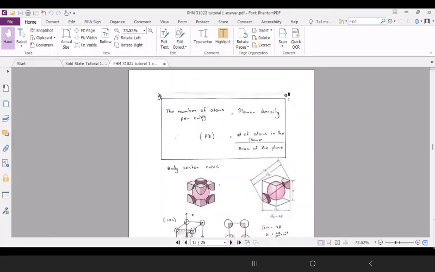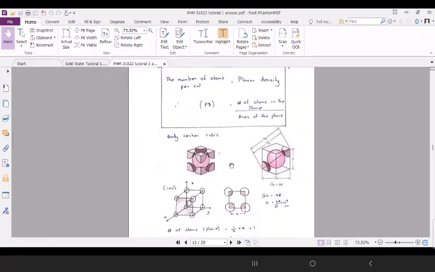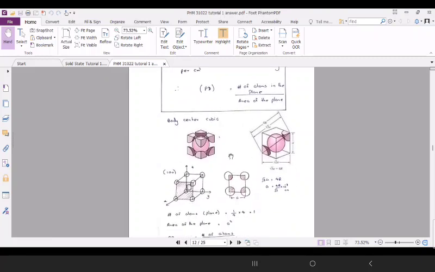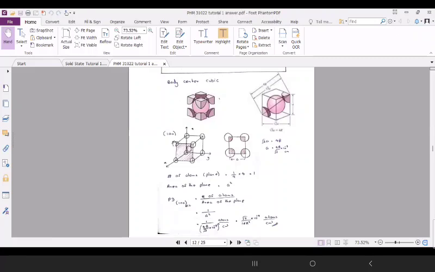Number of atoms per centimeter squared is the planar density. So PD is equal to the number of atoms in the particular plane divided by the area of the plane. In this question, for the first part, we have to do this PD calculation for the body-centered cubic for certain plane values.